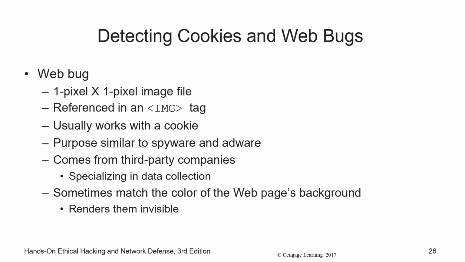A web bug. Okay. So I call these things pixel trackers. I guess I learned something new. I didn't know it was called a web bug. But anyways, it's a 1x1 pixel image. Oftentimes, pixel trackers are used to determine: did a person open an email?